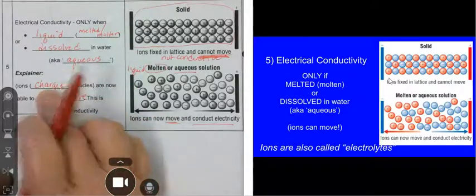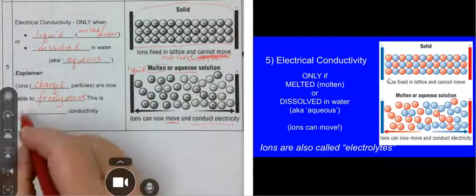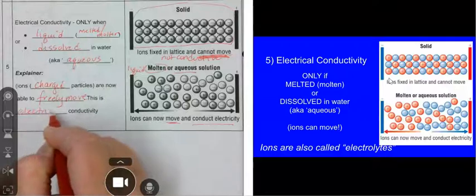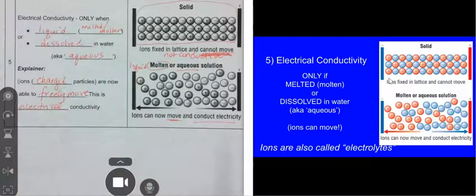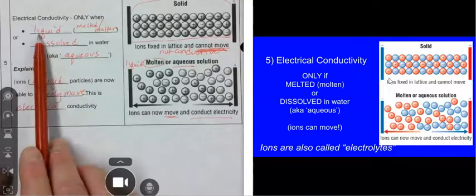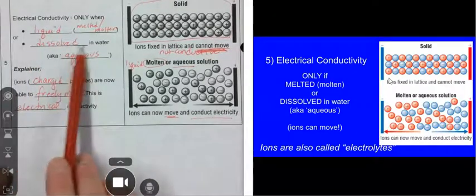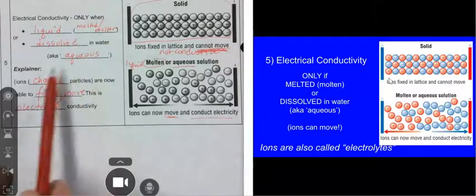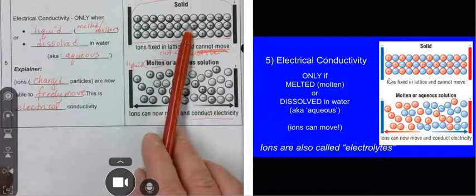And when you have freely moving charged particles, this is known as electrical conductivity. So ionic compounds can conduct electricity when they are in the liquid phase, or when they are dissolved in water, but never when they are in the solid phase.